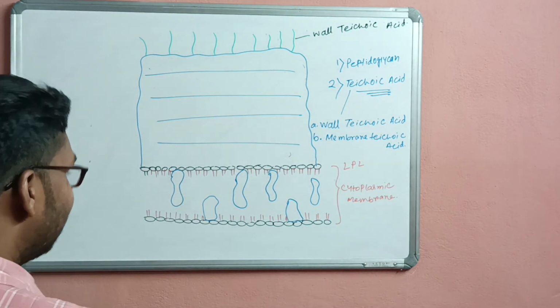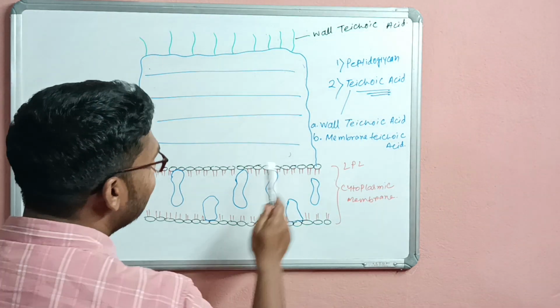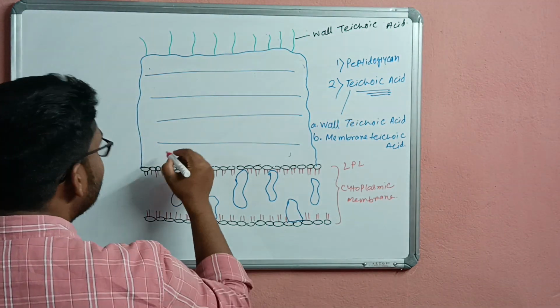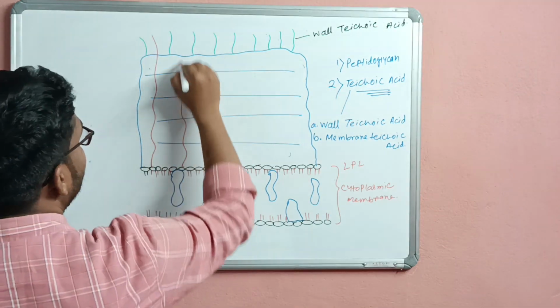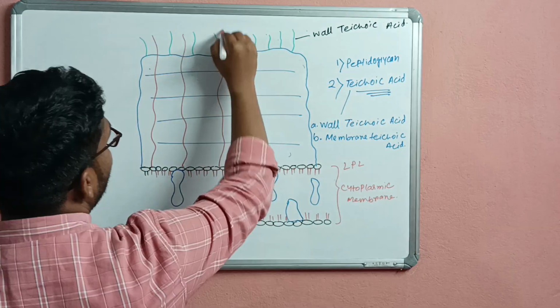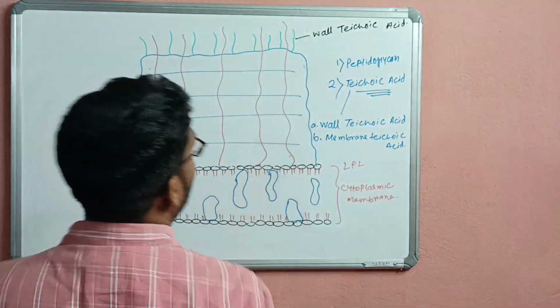So membrane teichoic acid, this one is the cytoplasmic membrane, the one which arises from the cytoplasmic membrane of the gram positive bacterial cell wall.